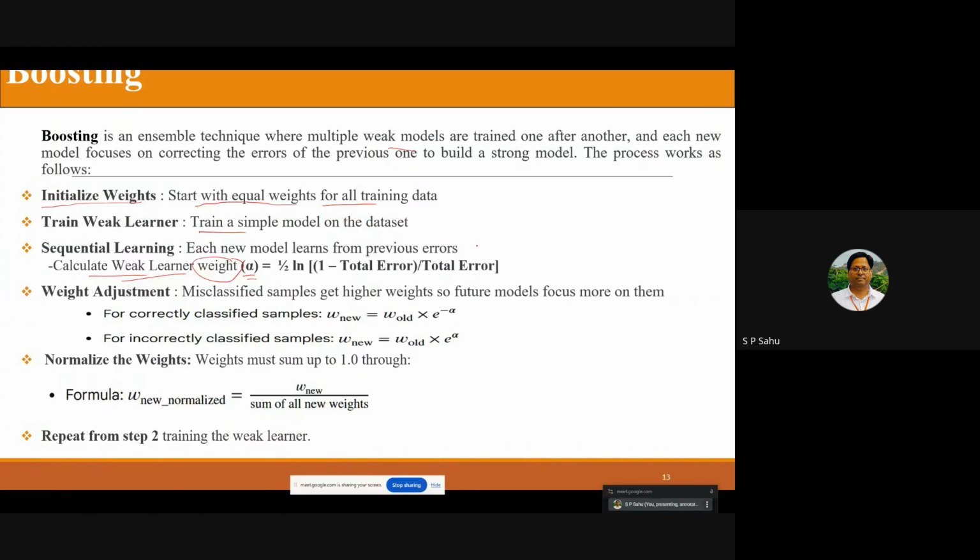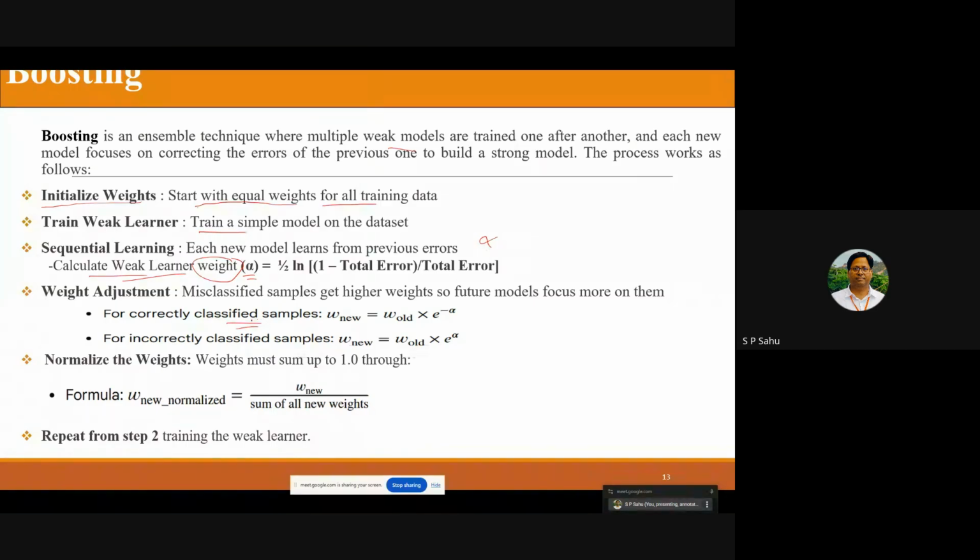By this, alpha will be calculated, and then weight adjustment will follow. The weight is basically a configuration of any network model, and for a particular sample the weights converge so as to give a correct response. Based on the total error and the weak learner weight, the classification is performed.